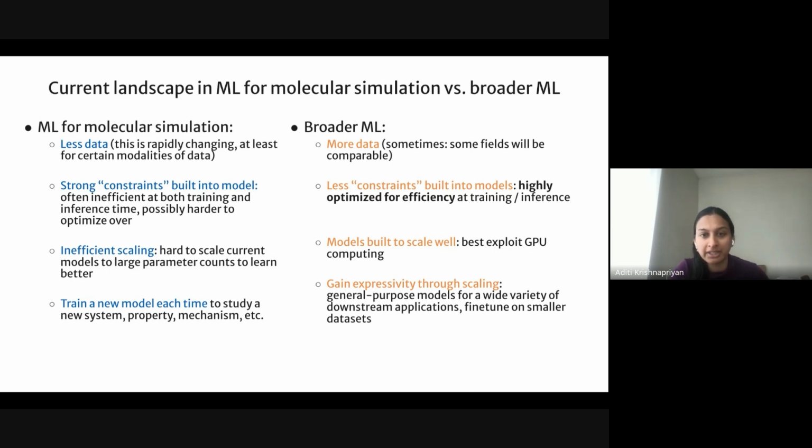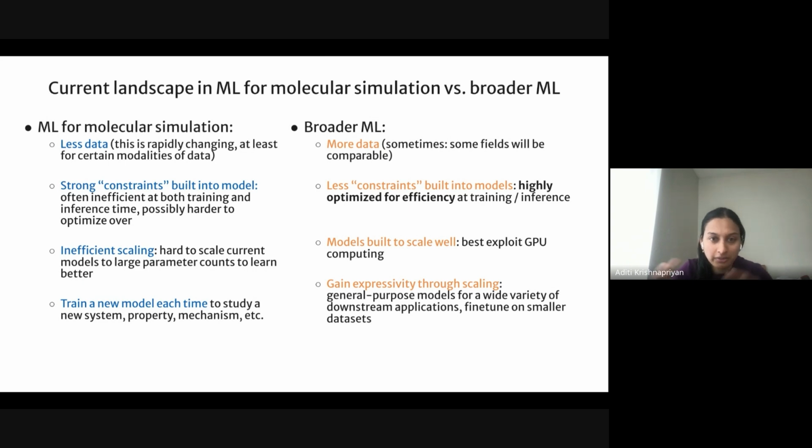At first glance, it's really tempting to think that these are really different areas. But as we've seen how the history of ML has progressed, other fields of ML like NLP and vision also looked a lot like ML for molecules many, many years ago. And they've changed a lot in recent years. And there's been this convergence pattern in recent years.